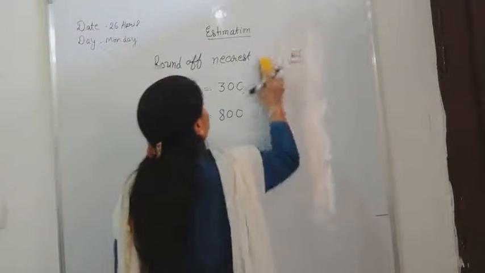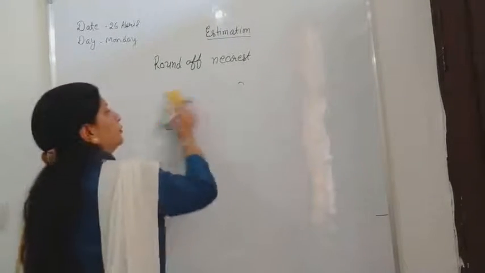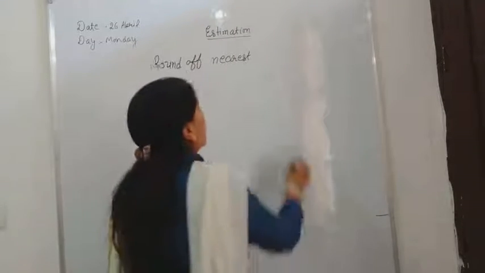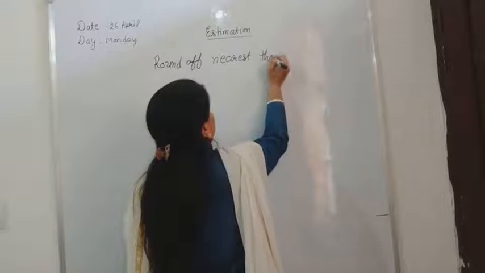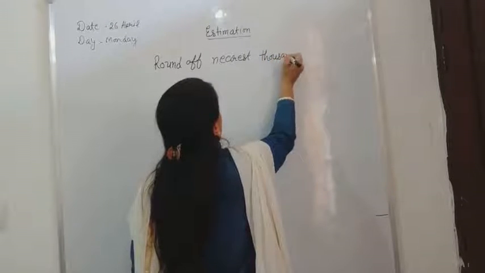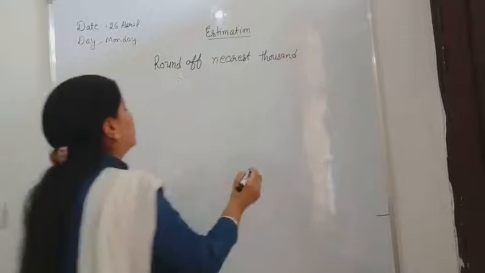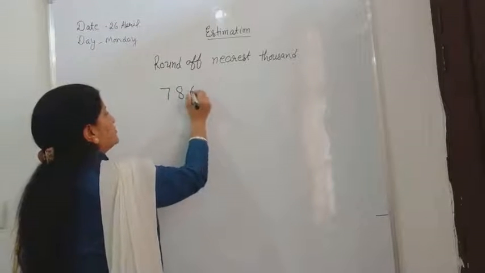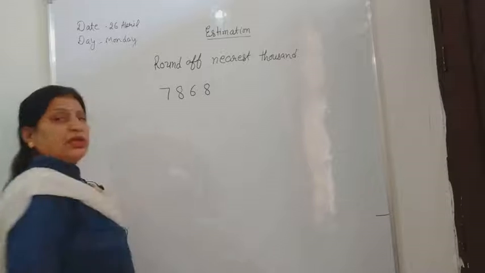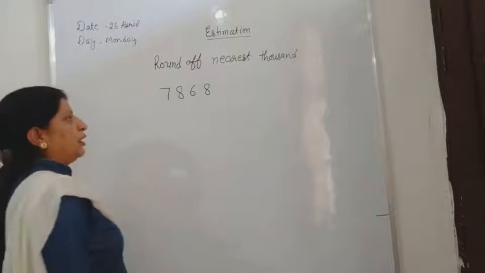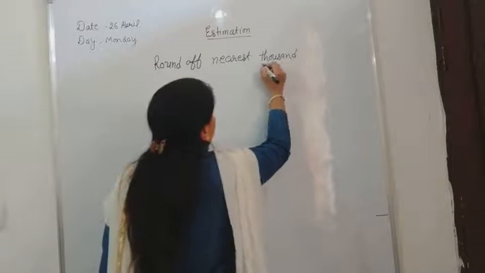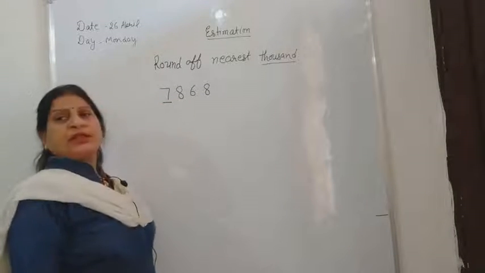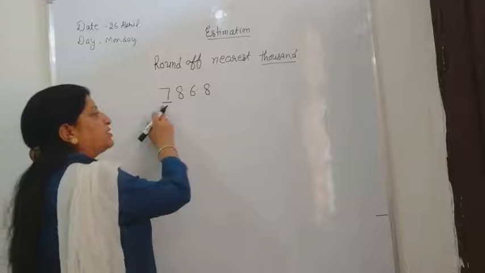Nearest 1000. In nearest 1000, we write the number 7868. This is our number, and here we see that at the thousands place our number is 7.